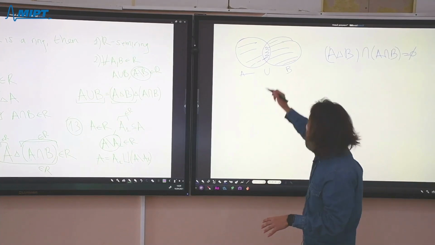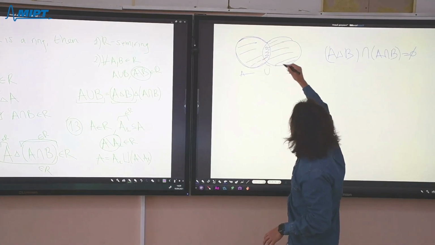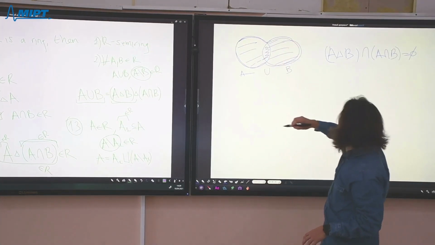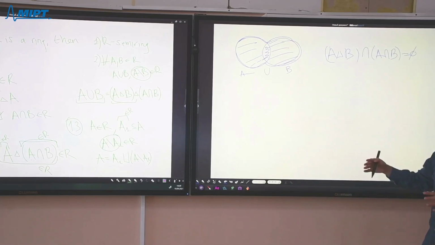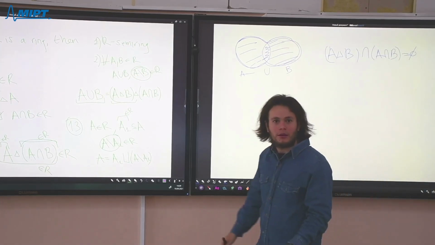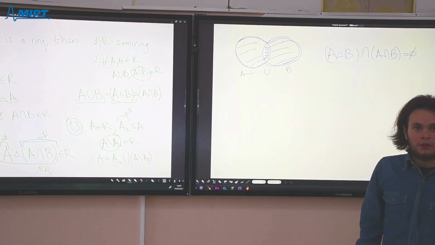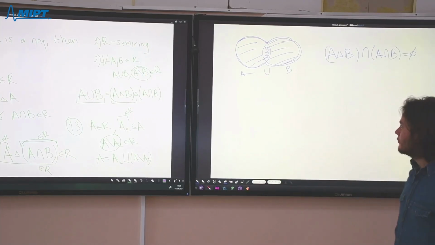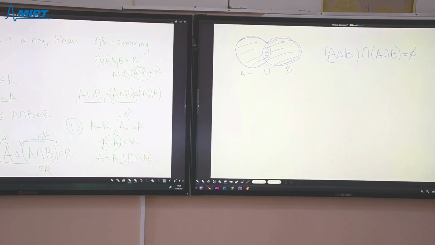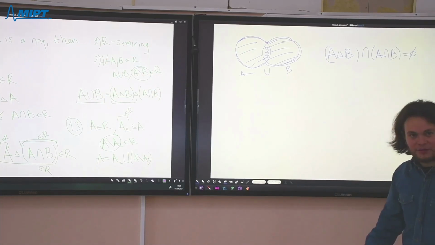Because the intersection is empty, and the complement of the intersection, that's the difference.